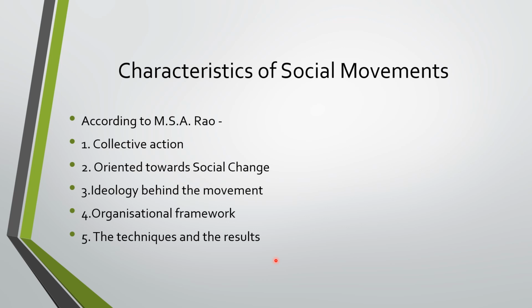The same is true of the results. It may become successful or it may fail. It may become a partial success, or at least it may create a general awakening in the public regarding an issue. The result of the movement has a close bearing on the ideology and the organizational framework.